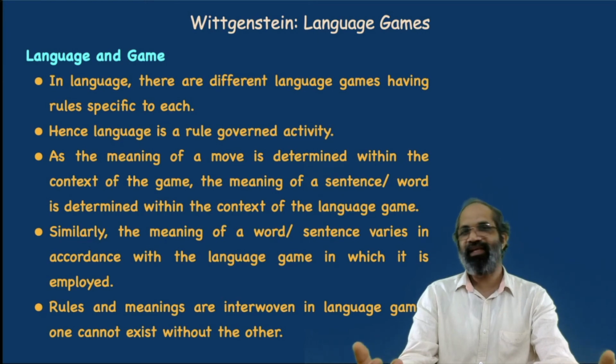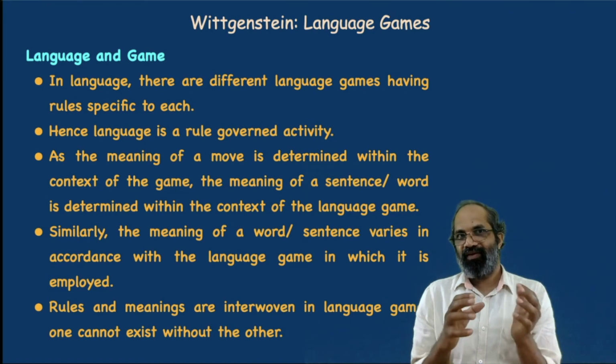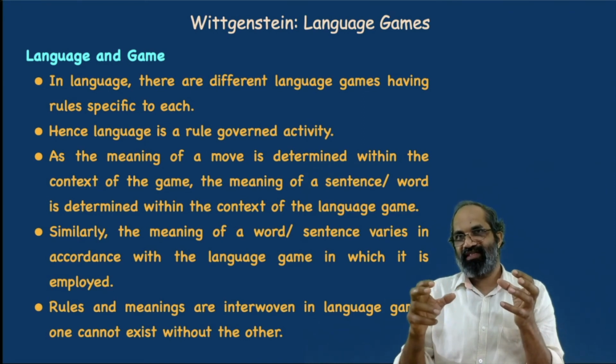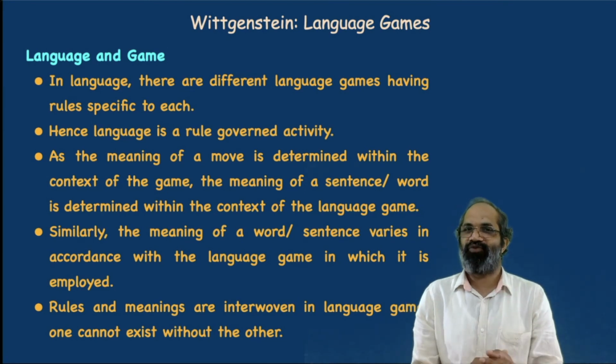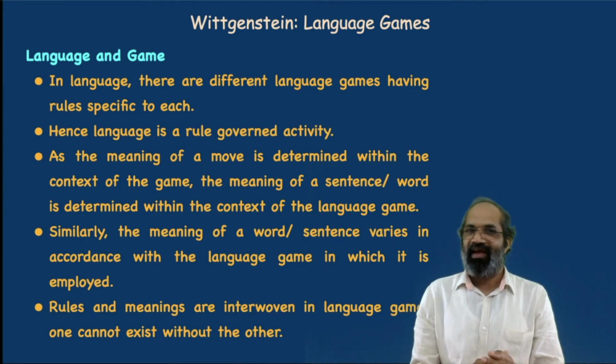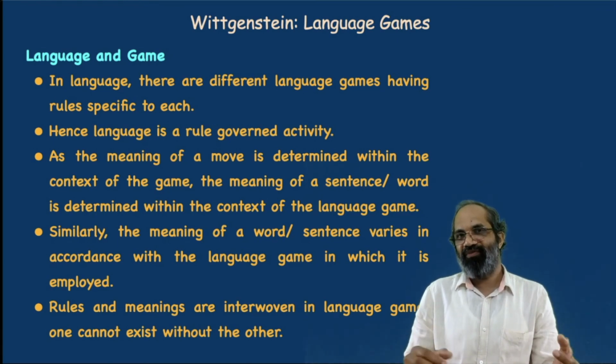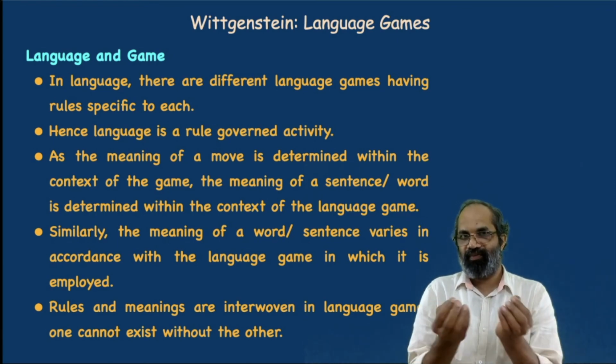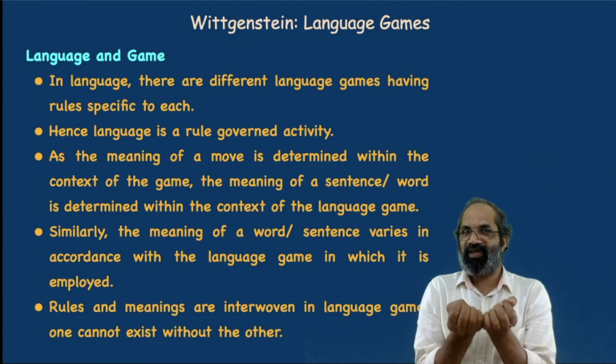So there are so many similarities between language and game. So the meaning of rule as well as the meaning are interconnected in the context of language game. And these are the similarities between language and game, and why Wittgenstein called the elementary aspect of meaning language game.